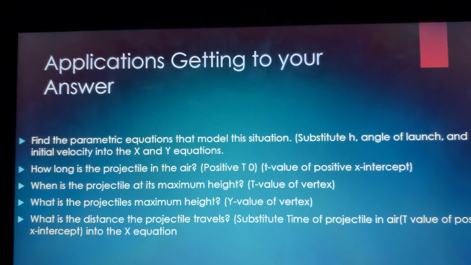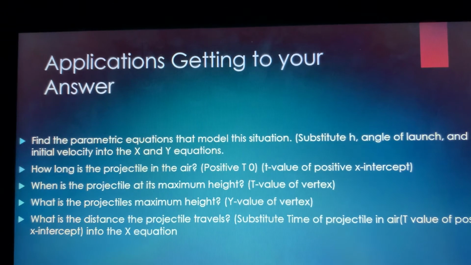Now, the fifth and final thing is, what is the distance it travels? So we know that t is time, y is height, but x is distance from the y-axis, also known as distance traveled. So we're going to have to find the x value. Now, the total distance traveled is just going to be the distance from where it's thrown to where it lands.